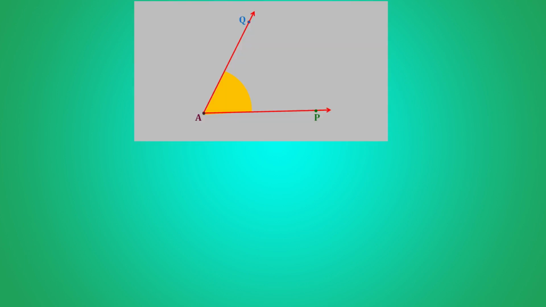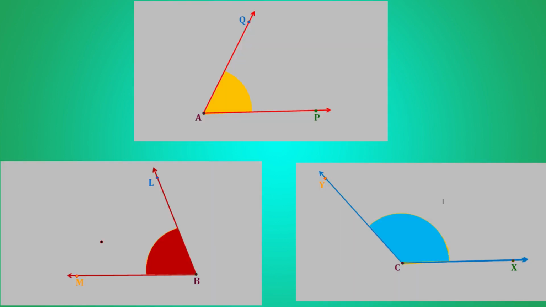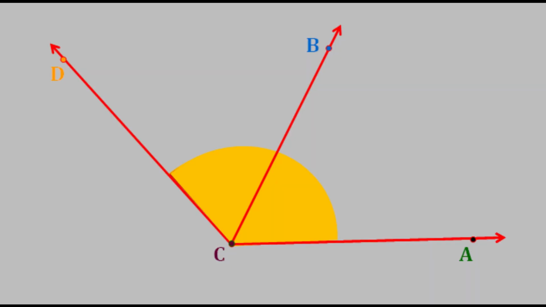Note that if only one angle is formed at a vertex, say A, B, C, etc., it can be named in short as angle A, angle B, angle C, etc. But if more than one angle is formed at a vertex, then to avoid confusion, we have to name the angle completely.